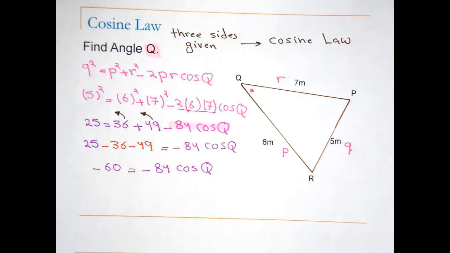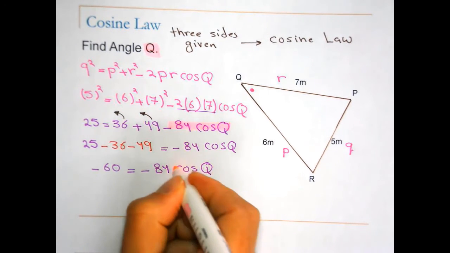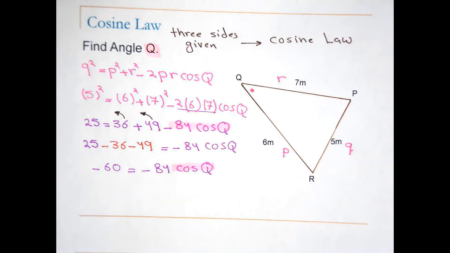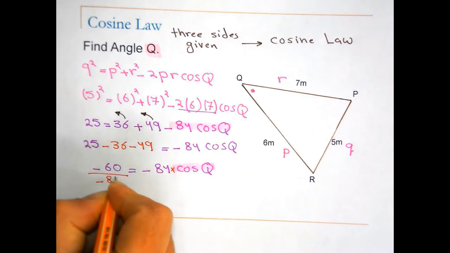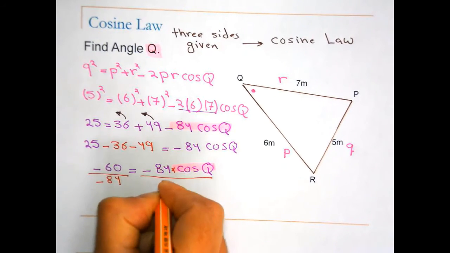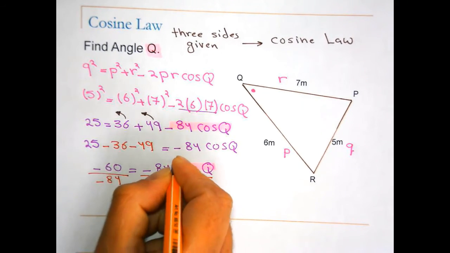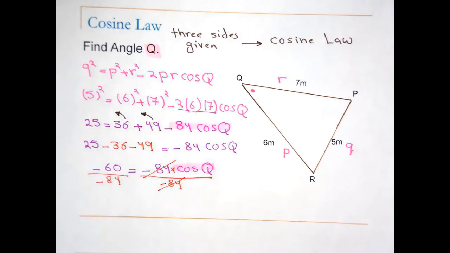Now we want to isolate cosine Q, and cosine Q is multiplied by 84. So we do the opposite, which is division. So these two reduce.